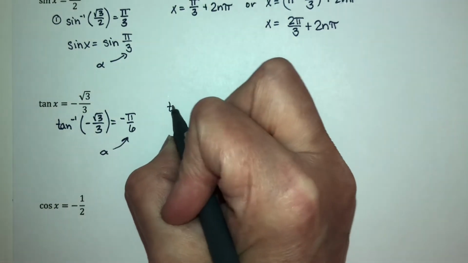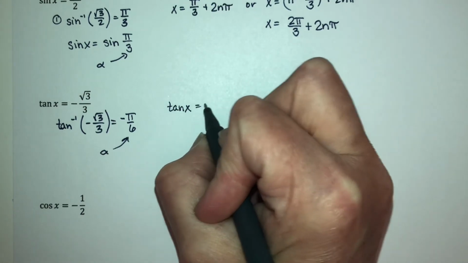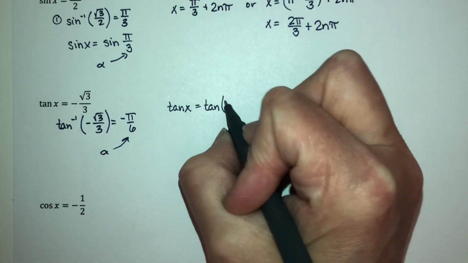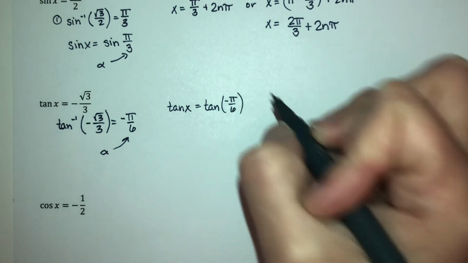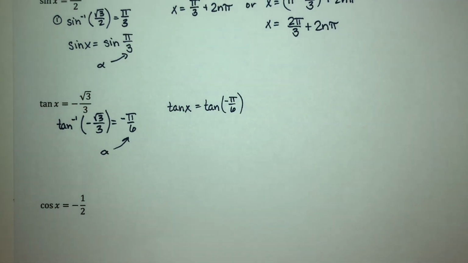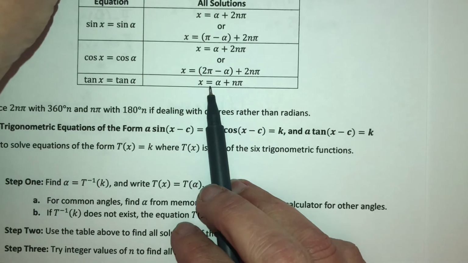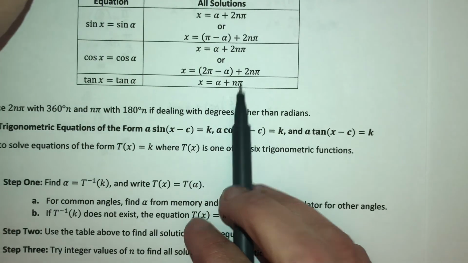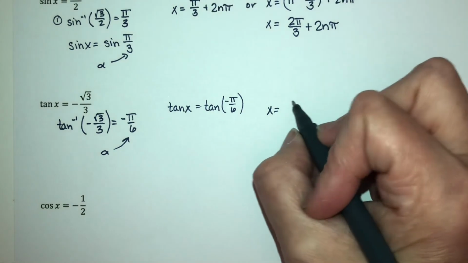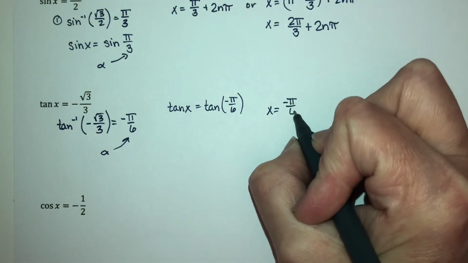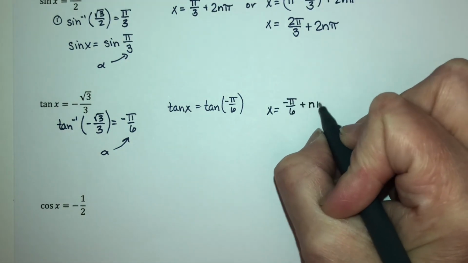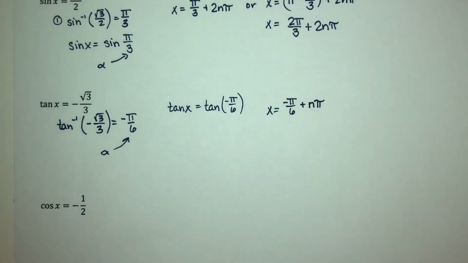I know that tangent of x is equal to tangent of negative pi over 6. Now to find our solutions, when we are dealing with tangent, it is alpha plus n pi. So all of our answers are negative pi over 6 plus n pi. That's every single possible solution to that equation.